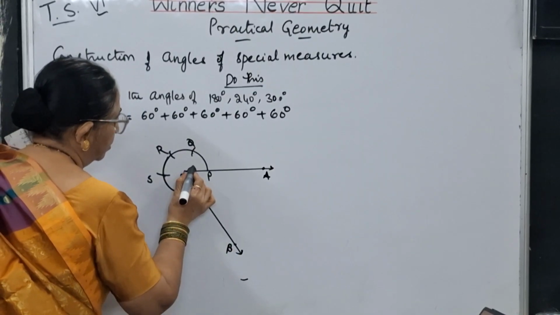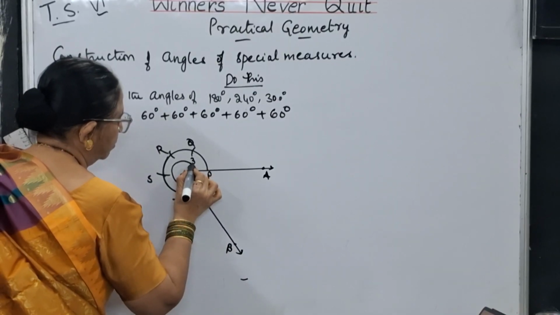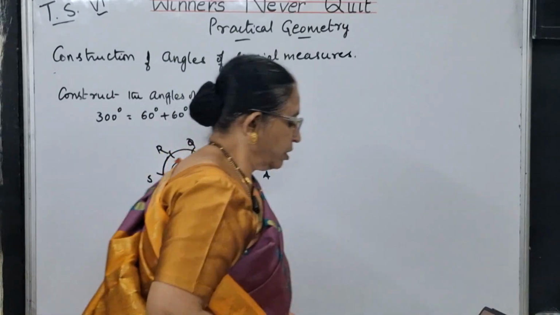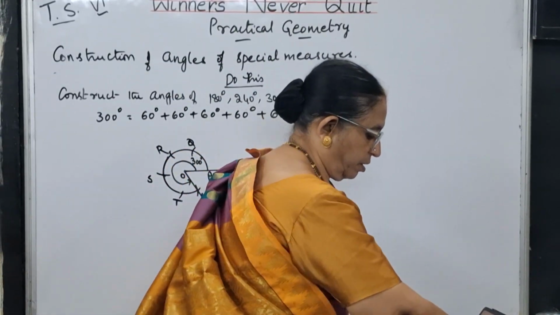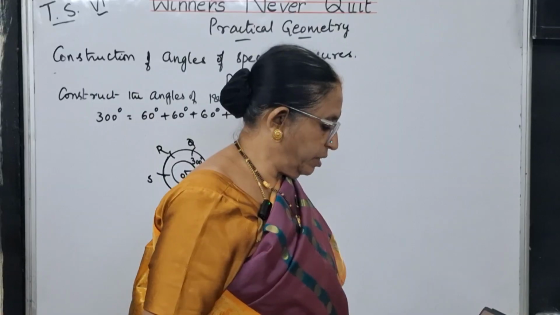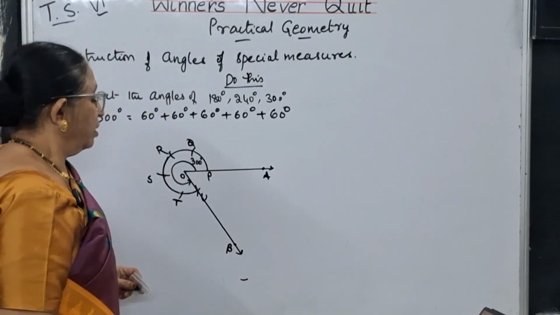This angle, a reflex angle we call, is 300 degrees. If you use your compass and ruler, you will be getting it very perfectly correctly, children.